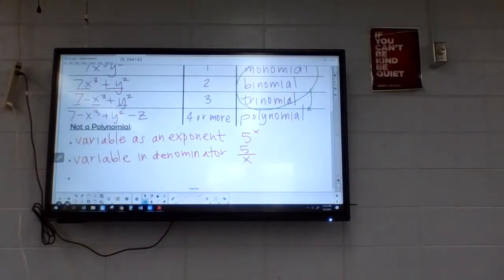So this would not be a polynomial, that variable in the denominator. And the last one actually relates back to that one, which is a negative exponent on the variable.